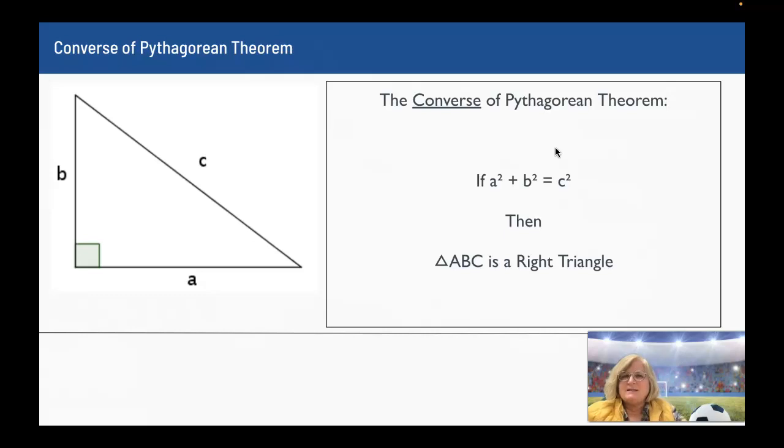So it just flips it around. So the converse of the Pythagorean theorem says that if a squared plus b squared equals c squared, then I have a right triangle. So this is only true for right triangles. It determines if it's a right triangle, and if you have a right triangle, you can use it to find the sides.